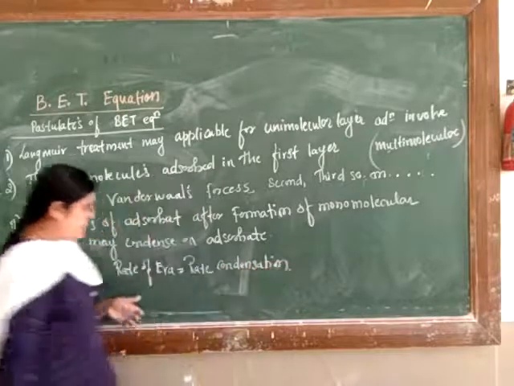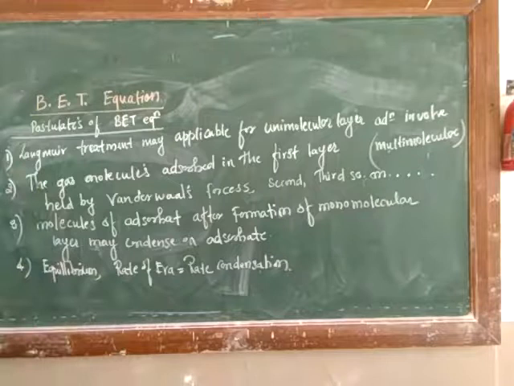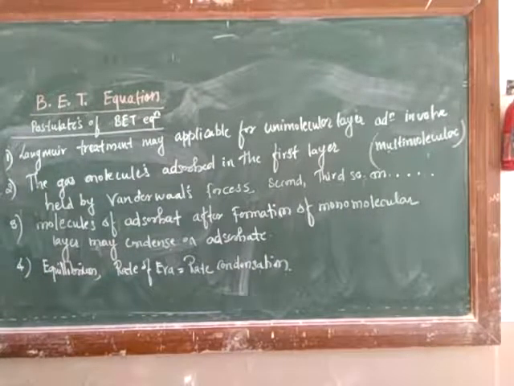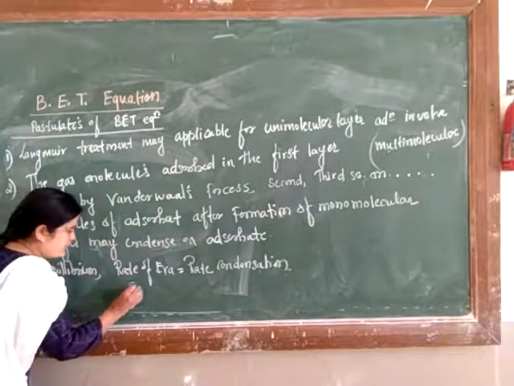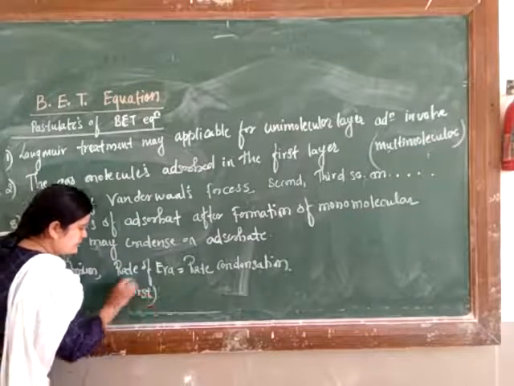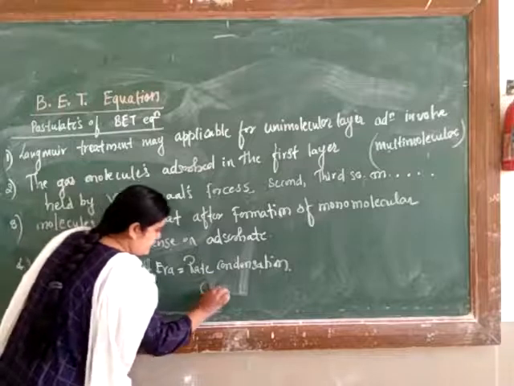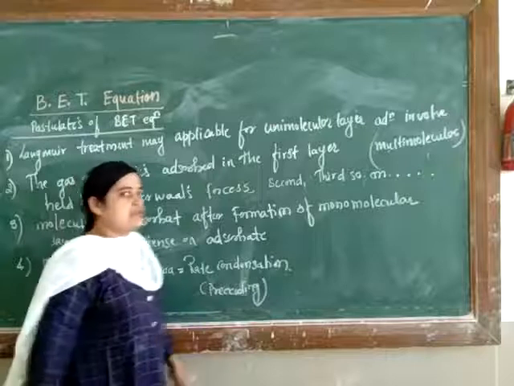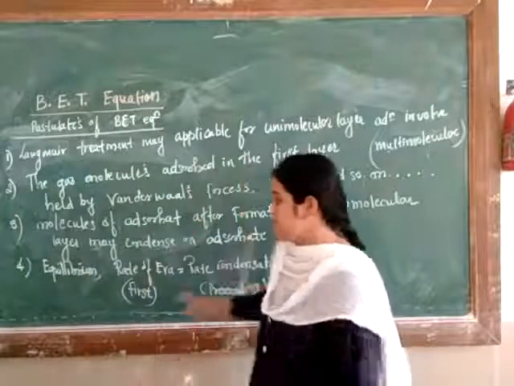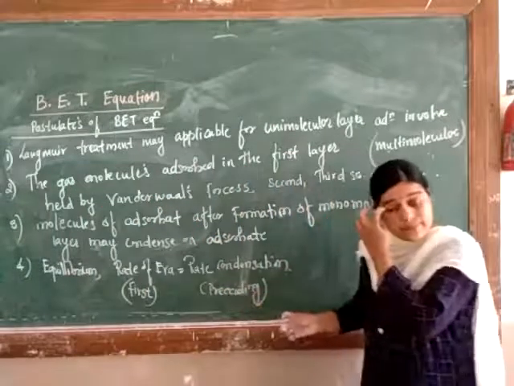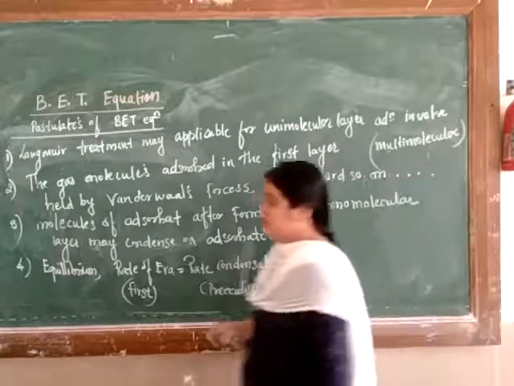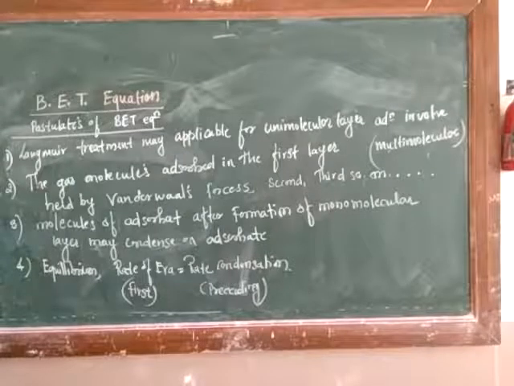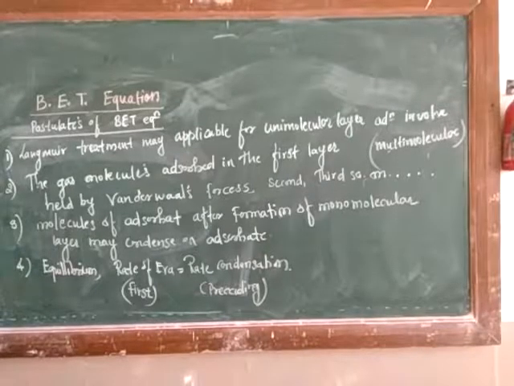The rate of evaporation of the first layer equals the rate of condensation of the preceding layer. This is the fourth postulate. Okay, now the next part, the fifth postulate, is that condensation force is the principal force of adsorption.